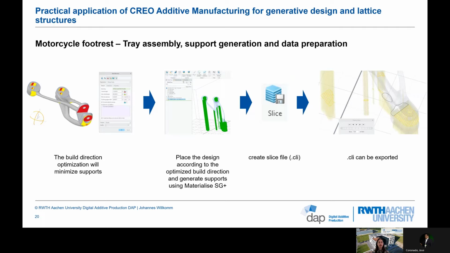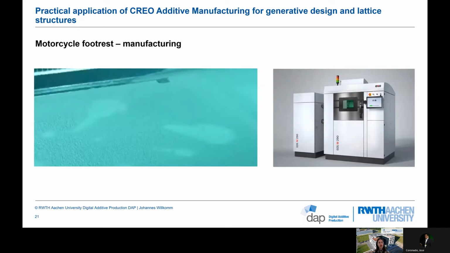For slicing the part, in this project we created a .cli file, and once the build processor is finished, we can visualize each layer of the print job. And these files can be used for printing the parts. In our case, we did it on an EOS M290 system.